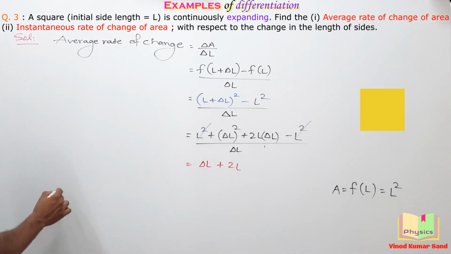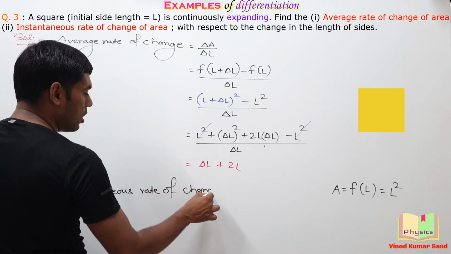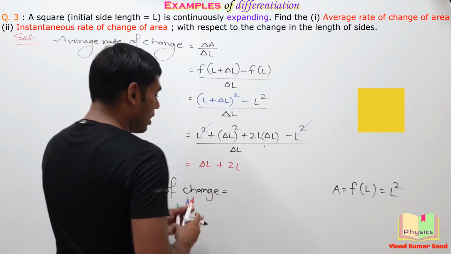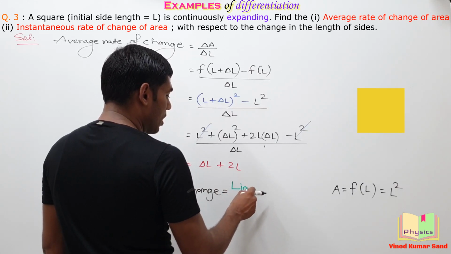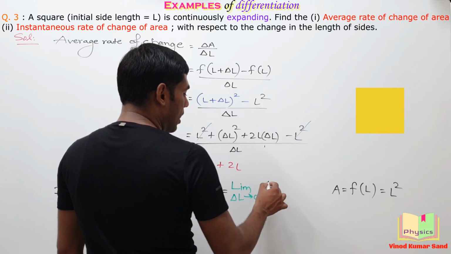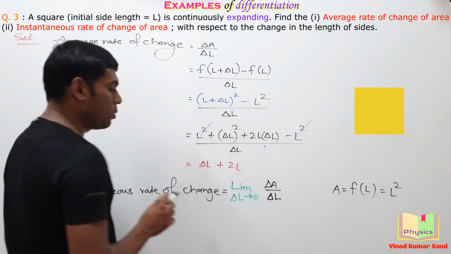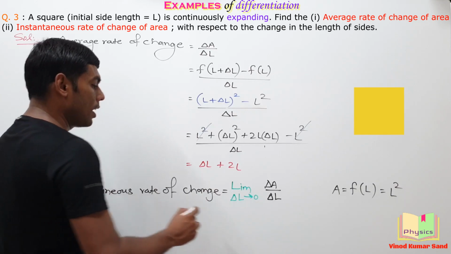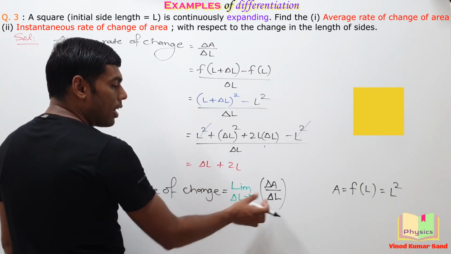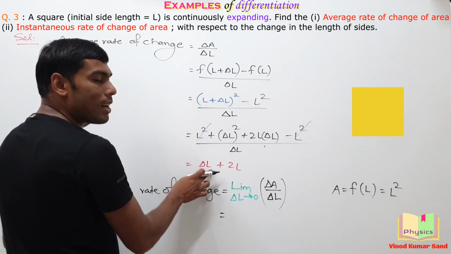Suppose we wish to obtain the instantaneous rate of change. The instantaneous rate of change is given as limit del L tending to 0 del A divided by del L. I hope you remember the formula. Okay. Now, if you look at this formula, in the del A by del L, you have to take the del L tending to 0.